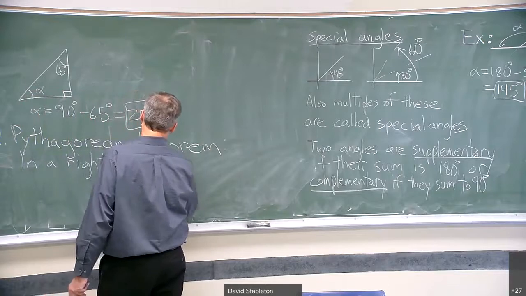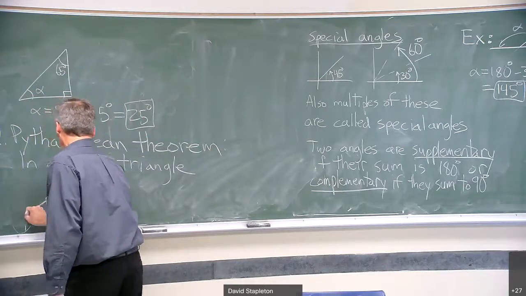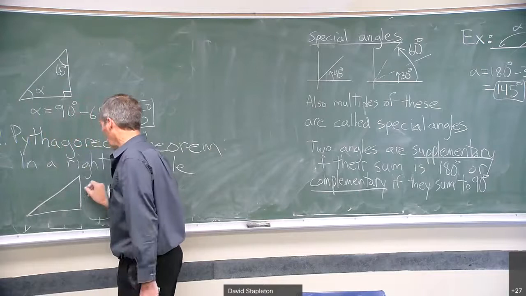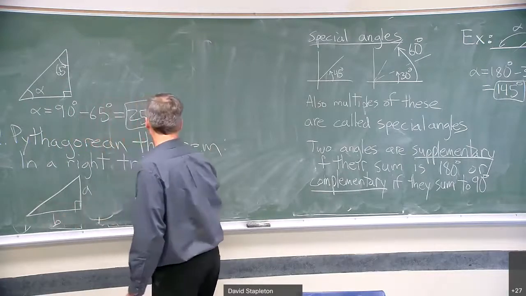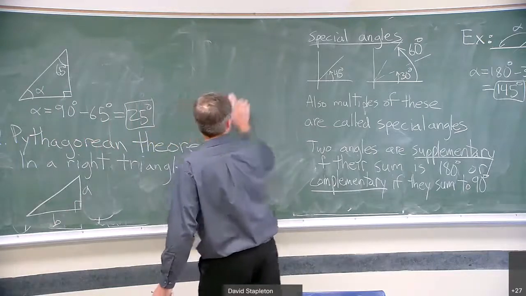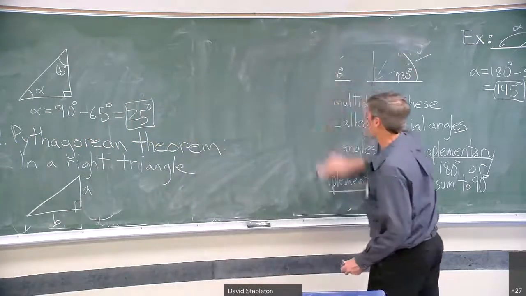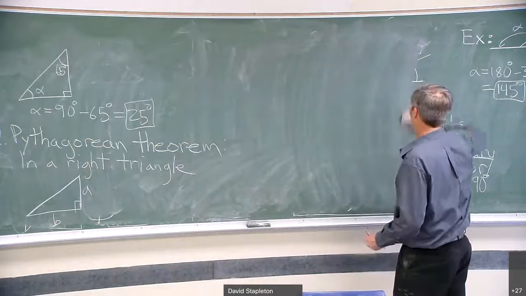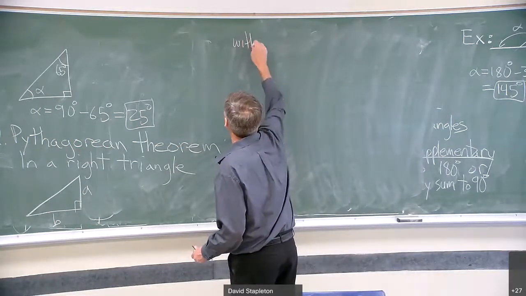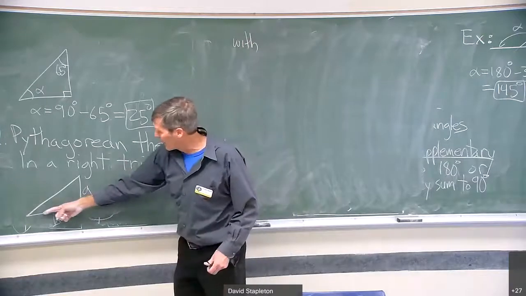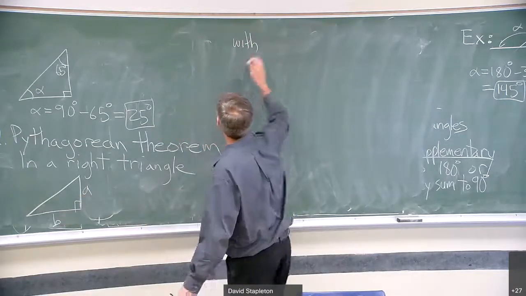and we draw it this way, is standard. We'll call the two legs A and B. The legs are the two sides that are not opposite the right angle.